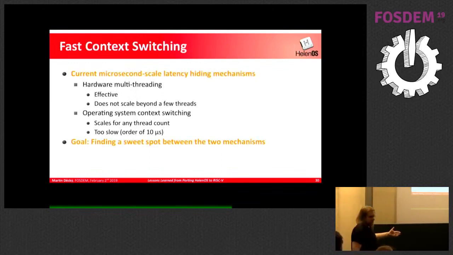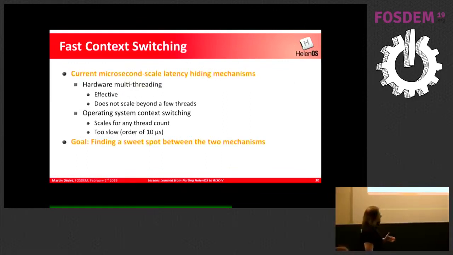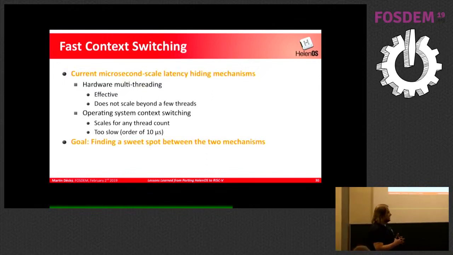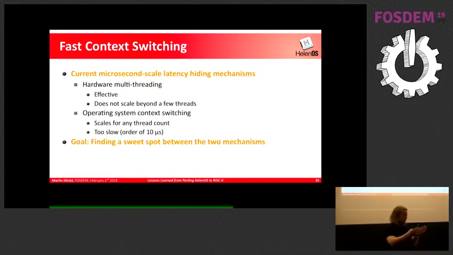What about the problem of context switching? Again, most of the CPU optimizations in recent years have been targeting the problem of hardware latencies. So we have caches to hide nanosecond latencies of the DRAM. We have software caches like I/O buffers to hide millisecond latencies of disk drives and SSDs.